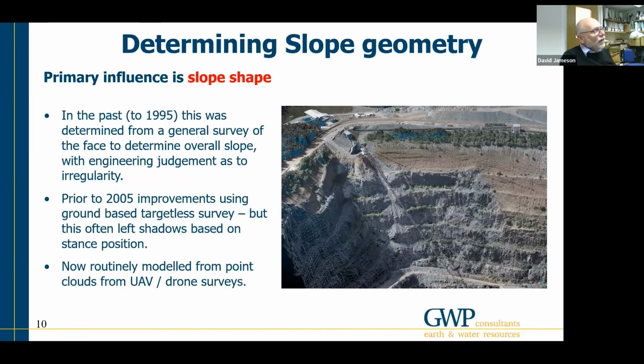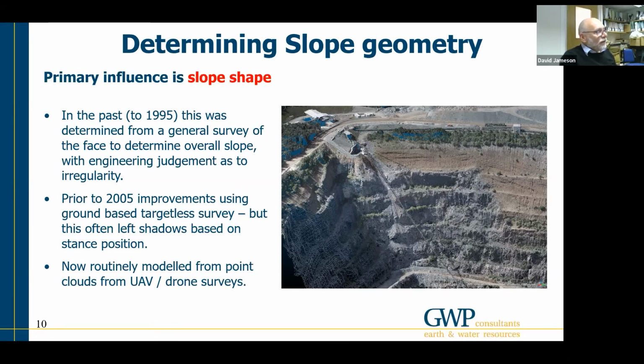Then, 10 years later or so, from about 2000, remote scanning techniques became fairly commonplace on quarries, and you were able to undertake some scanning of the face down the section lines where you thought rockfall might develop.